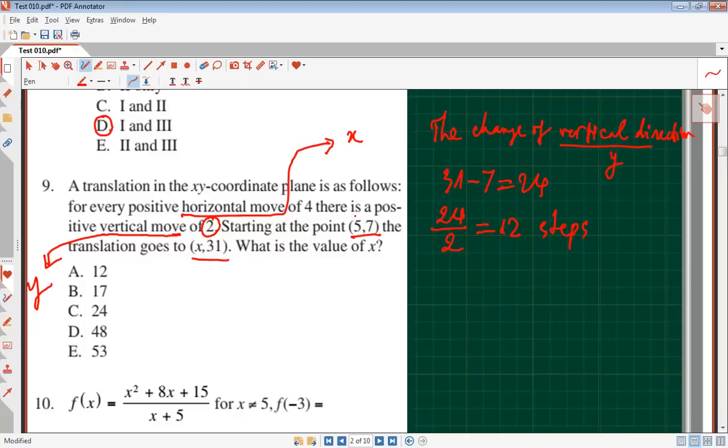And if we want to find the change of horizontal move, we just take 12 times 4, that is 48, and then s equal to 5 plus 48, that is 53, option E.